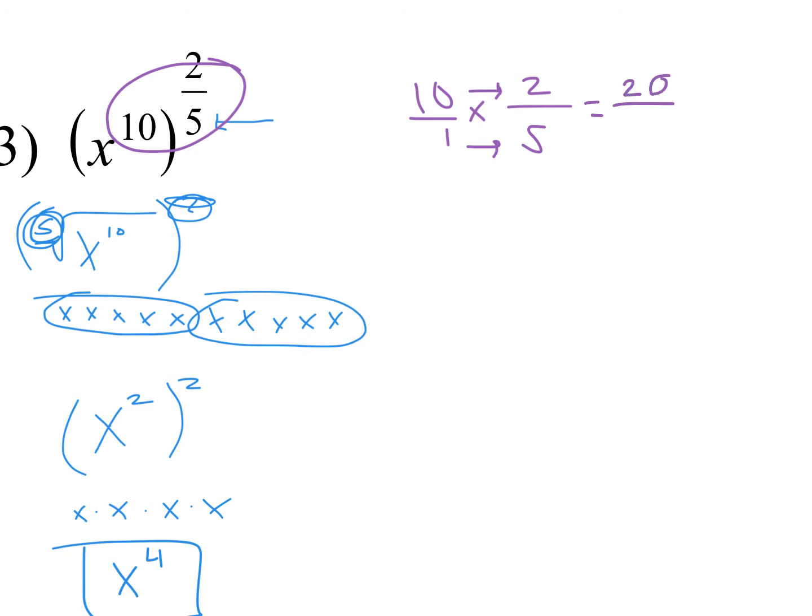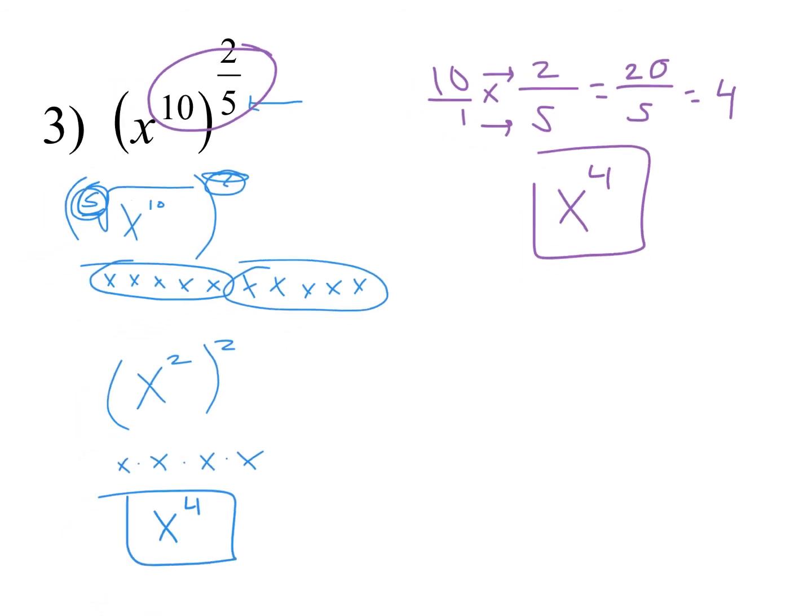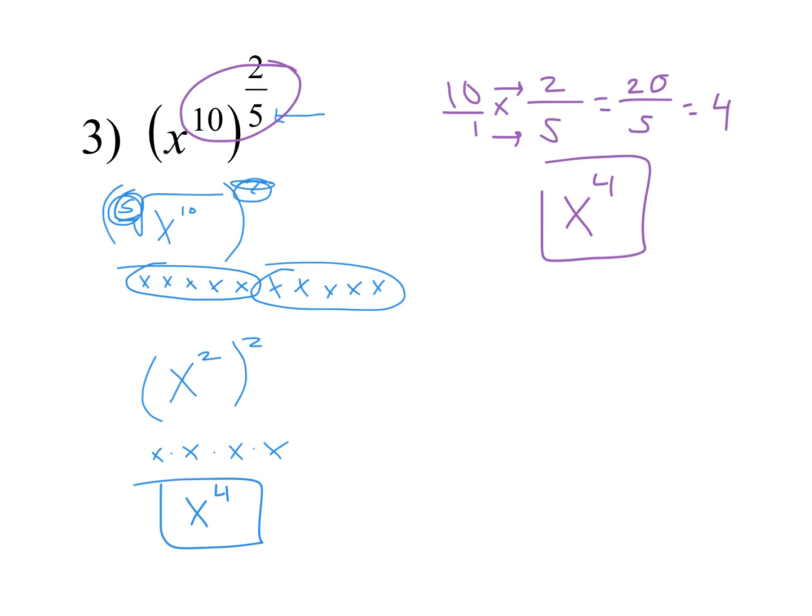And 5 times 1 is 5. What's 20 divided by 5? 4. So we have x to the 4th power. So again, just 2 different ways of doing the same thing, you get the same answer. Whichever way you choose to do it, make sure you show your work.